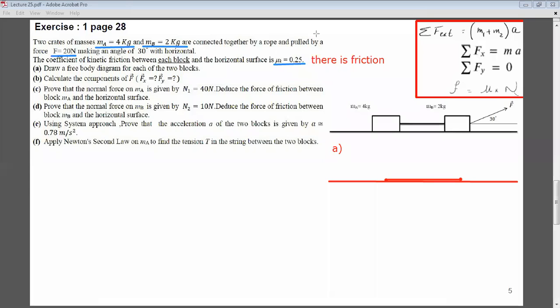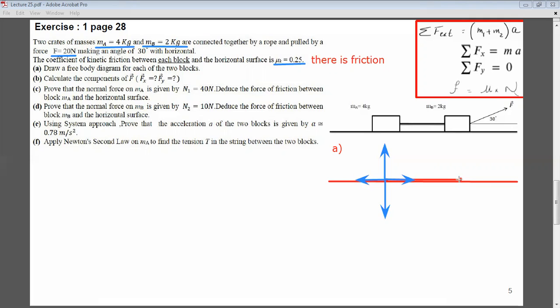The first object has the weight, let's call it WA. Then there is the normal, NA. Then there is the tension. I will not call it tension A because it's the same tension from both sides. Then there is friction. So this is the first object.